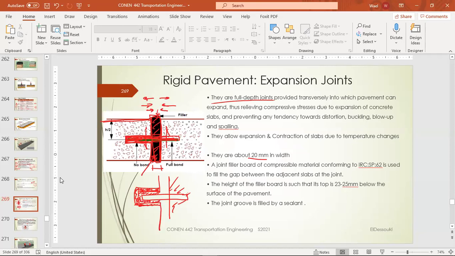The purpose of this lubricant is to allow this part to go freely backward and forward from the dowel, but it's tight enough to transmit shear. So basically this connection allows shear transmission but no axial force.